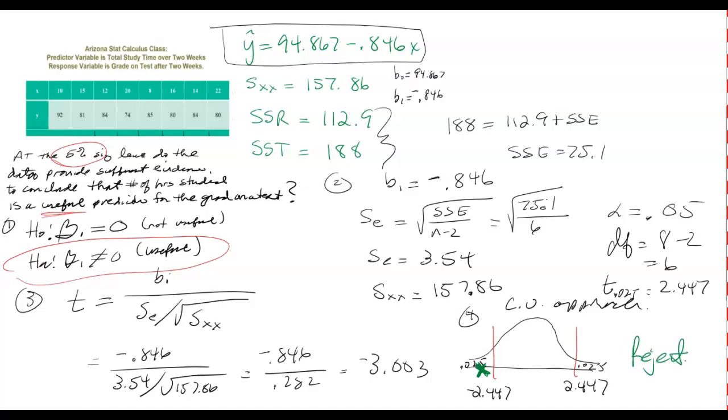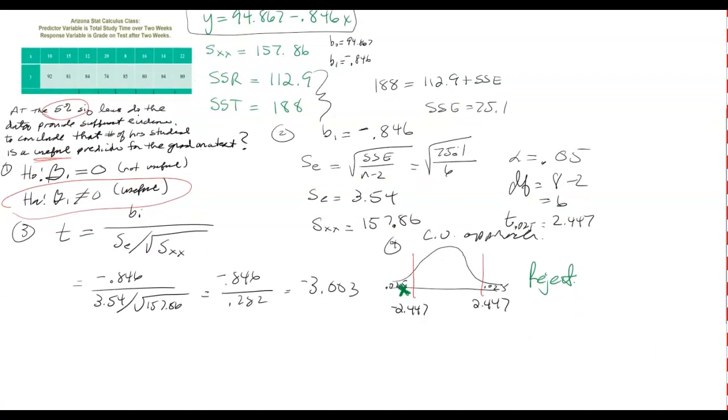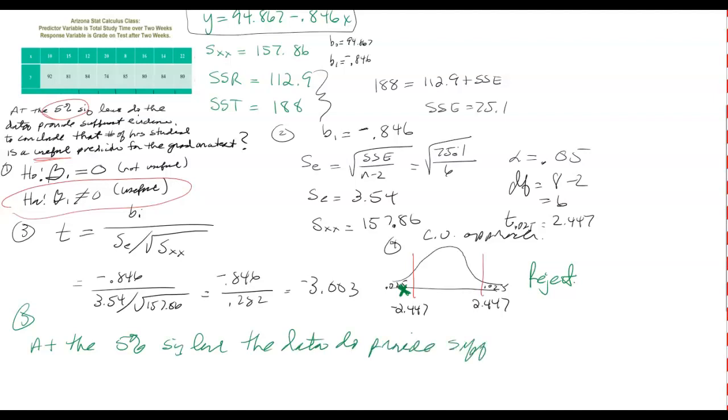So we would reject the idea that the slope is 0, and we would conclude, this is your step 5, at the 5% significance level, the data do provide sufficient evidence that the hours a student studies is a useful predictor of test score.